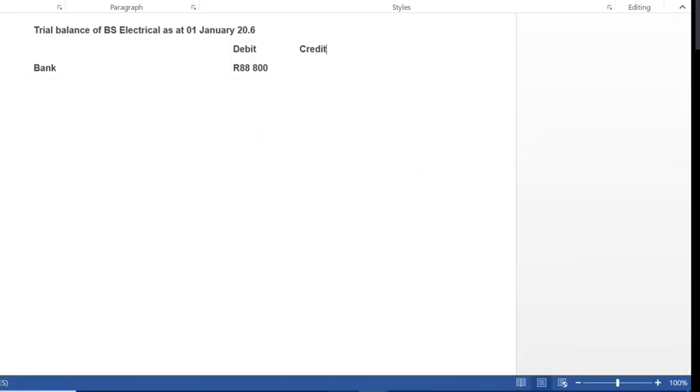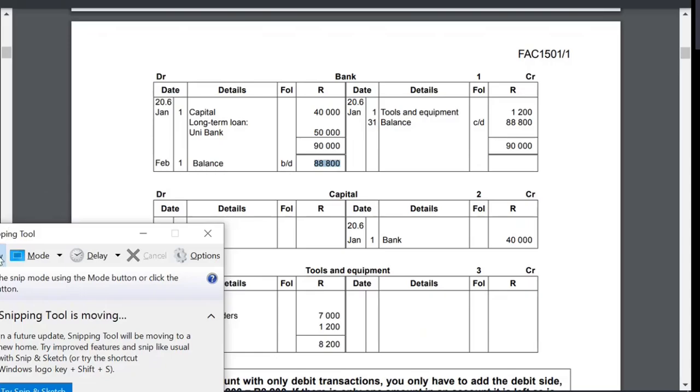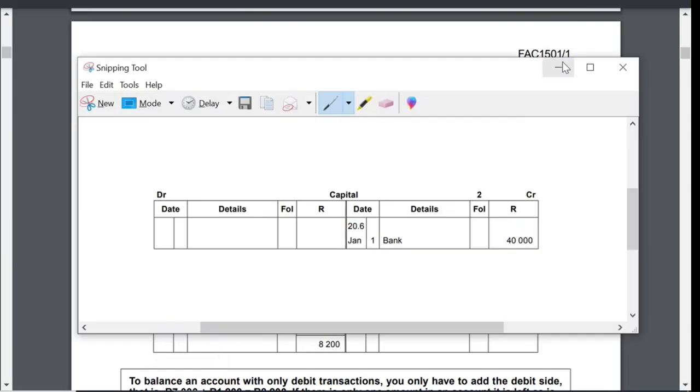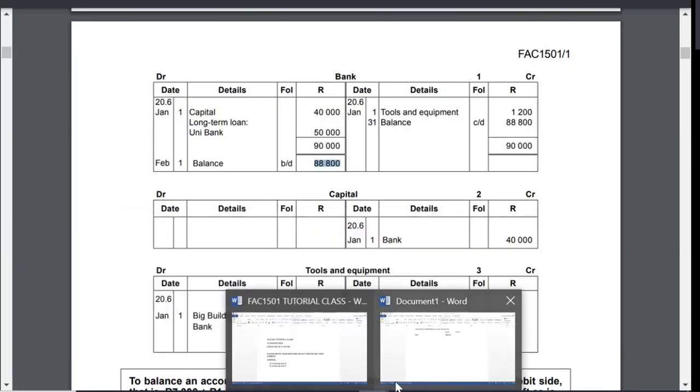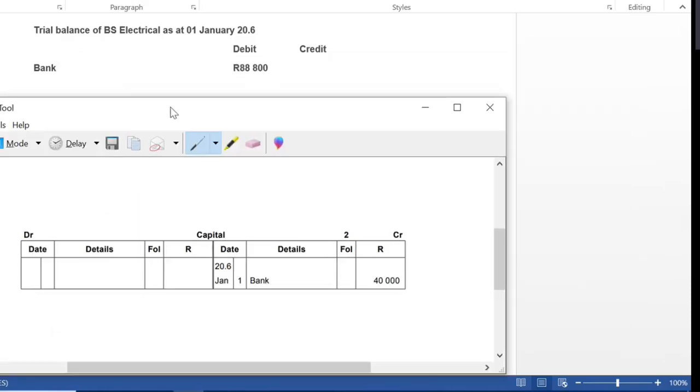So let's look at another transaction, capital. Now we're going to record capital.